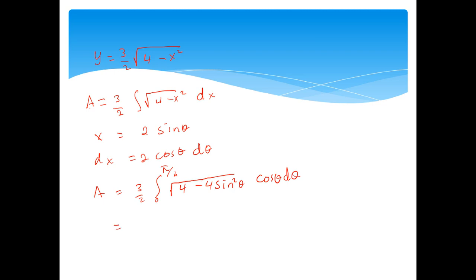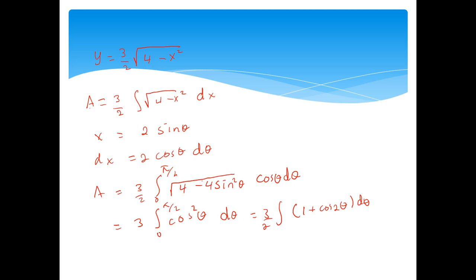So then we're going to get 3 times cosine theta, so cosine squared theta d theta, and then using the identity, we're going to get 1 plus cosine 2 theta.